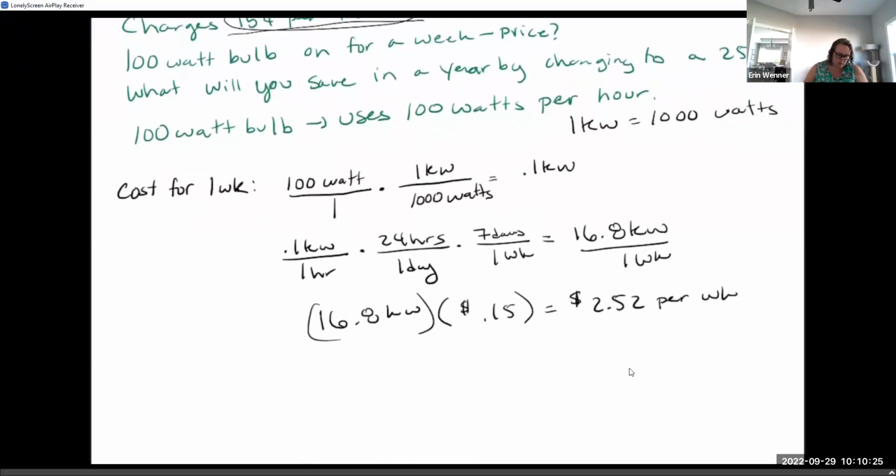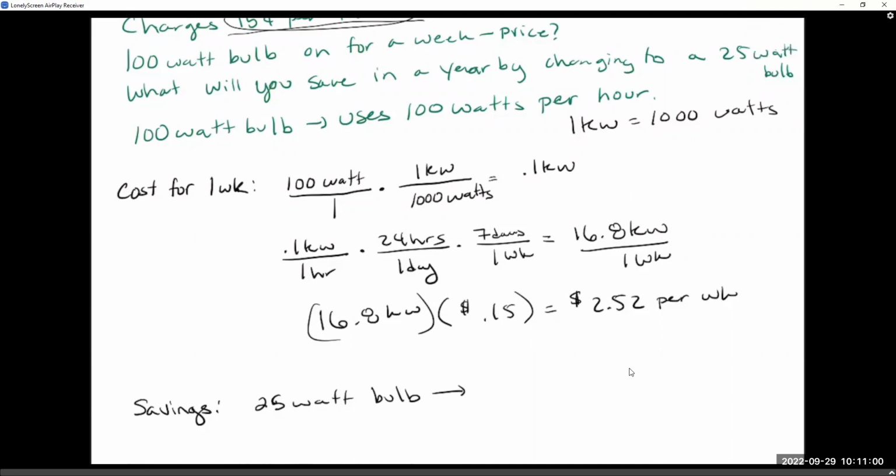So let's look at our savings. With the 25-watt bulb, how much of the original wattage are we using? Like what fraction by switching to a 25-watt bulb? From 100 watts down to 25 watts, what fraction are we now using? 1/4. Yeah.